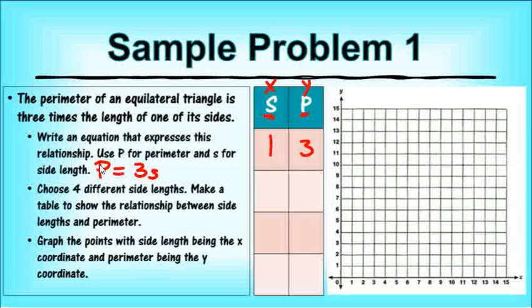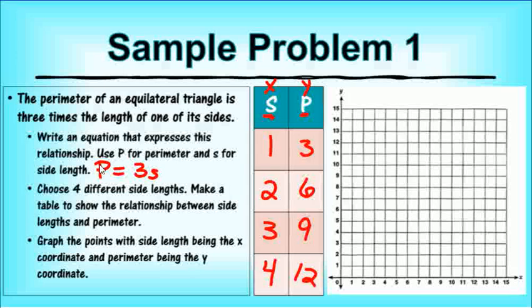I'm just putting my side length into my equation for S. Now if the side length is 2, each side is 2, 2 times 3 would give us 6. And then let's say our side length was 3, we would do 3 times 3, which would give us 9. And if the side length is 4, 4 times 3 would give us 12. So there's our table. Now we just need to plot our points on our graph.